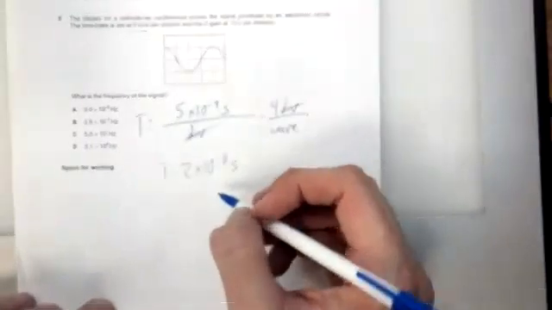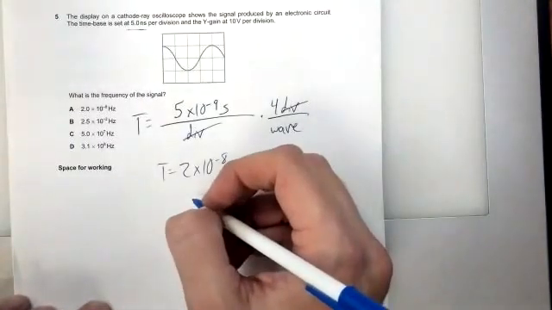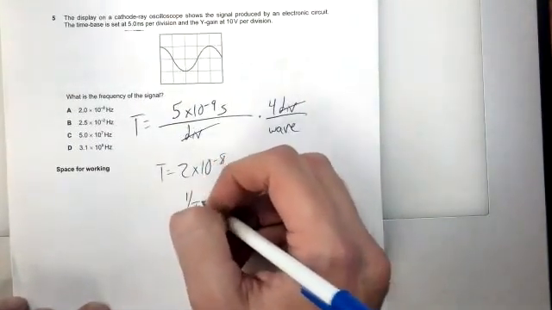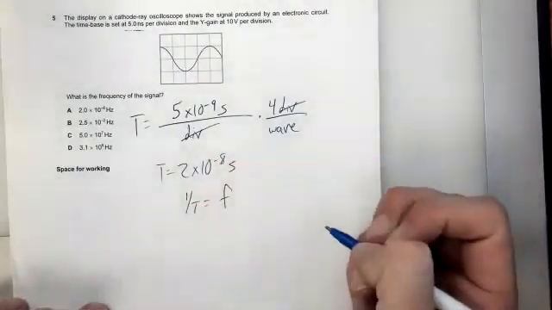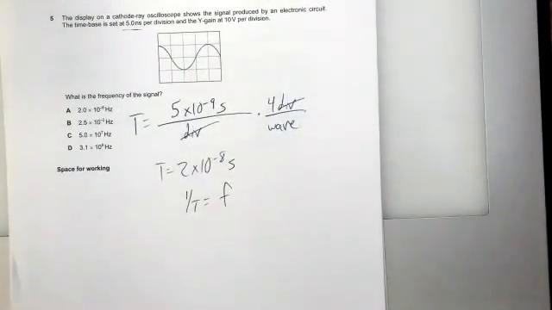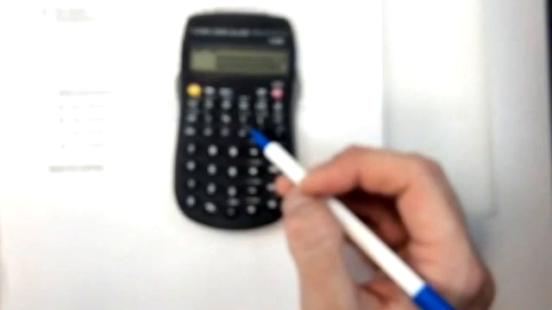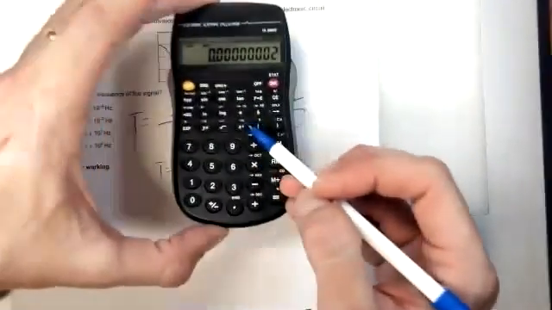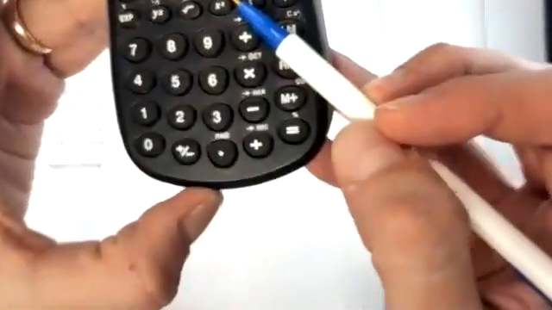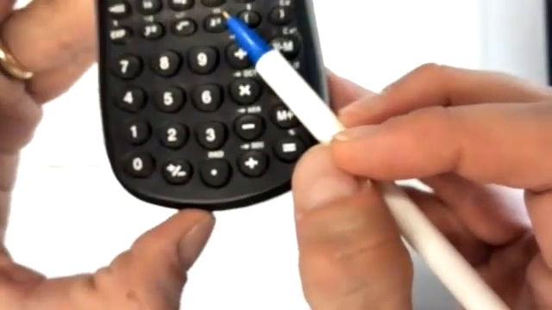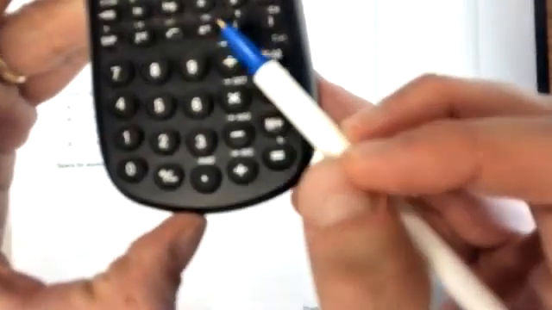While that number is still in my calculator, I can just take the inverse of it. So remember, 1 over the period is the frequency. And so I'll just use the handy inverse key. I can show you that. All right, and so if you look right here, I got that 1 over x. Okay, maybe you can't see that. It's kind of fuzzy. But try to find that either x to the negative 1 or 1 over x key.